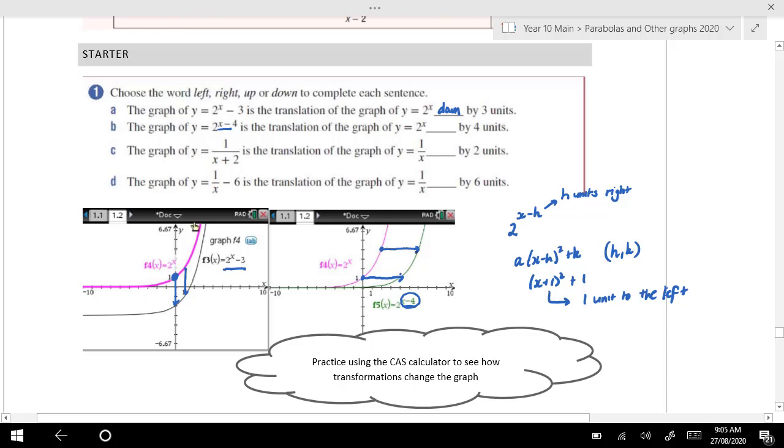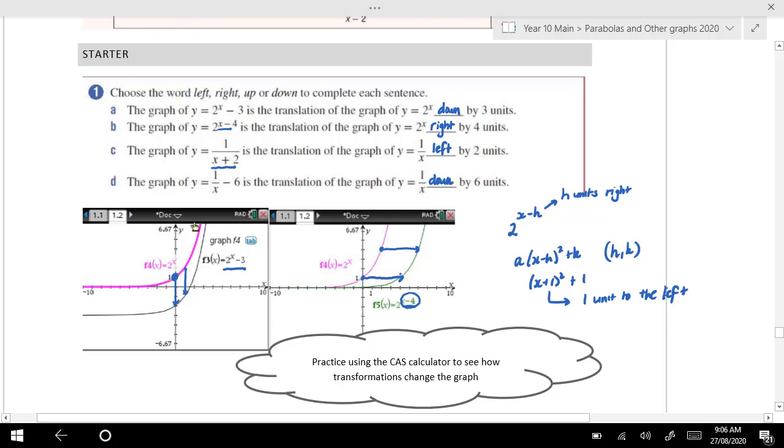Okay, so this translation of the graph to the power of x, let's call it right by 4 units. And this one over here, well, as we said before and I showed you on the calculator, that has moved left by 2 units. And this one here has moved it down.